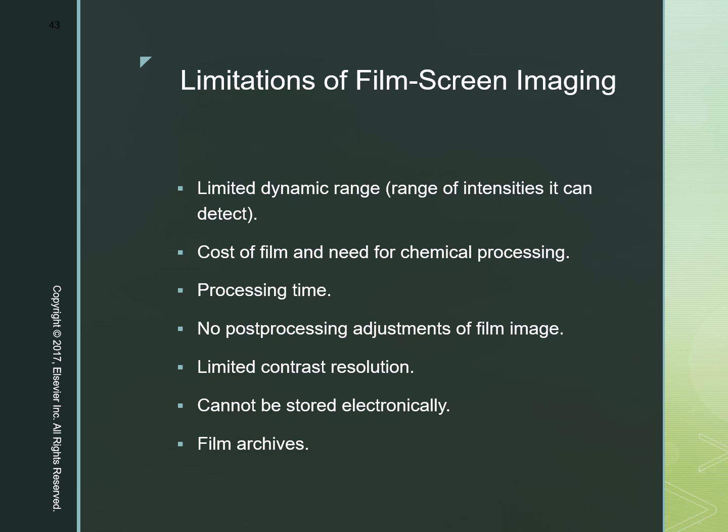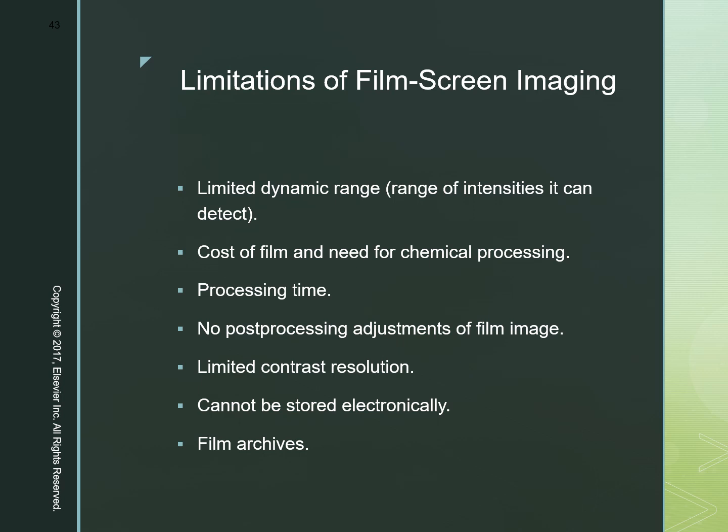But because it has a limited dynamic range, meaning it only has a certain number of intensities, it doesn't have as long a grayscale, it will never have as good of contrast resolution as our CR and DR systems. So because of that, they've really found that improvement in contrast resolution really overrides the lack of spatial resolution.